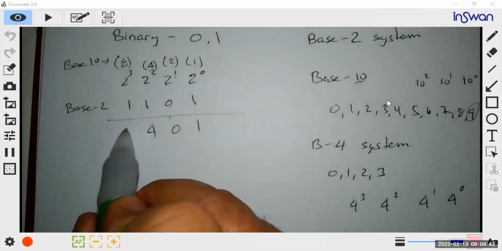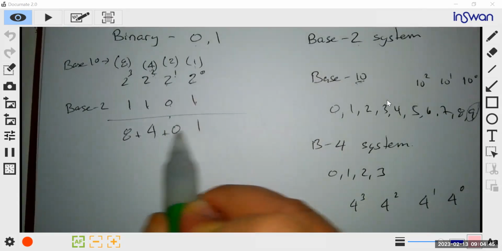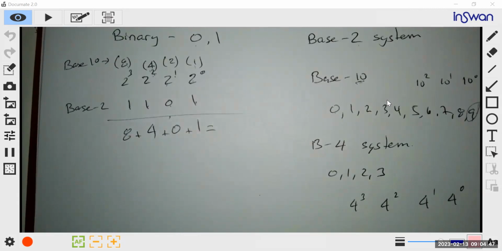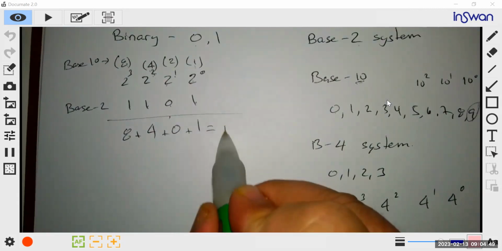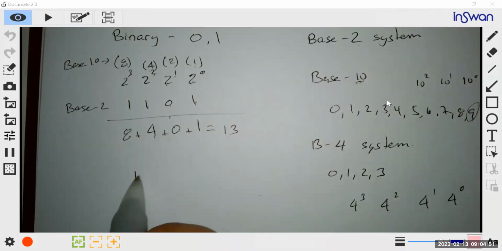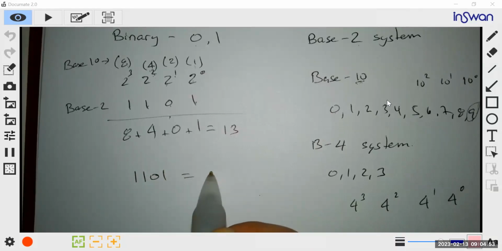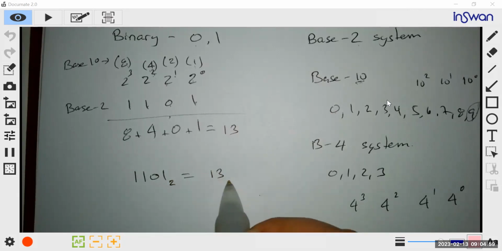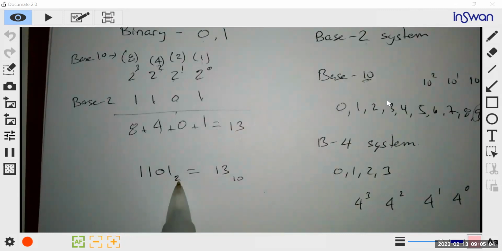And I have one of these, that's an 8. I add up all these together, I get 13. So 1101 is equal to the number 13. To separate this, we write this. So 1101 base 2 is equal to 13 base 10.